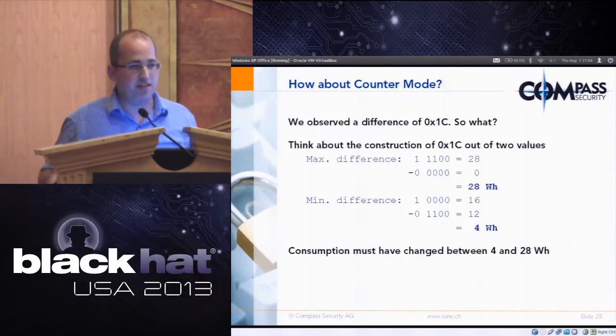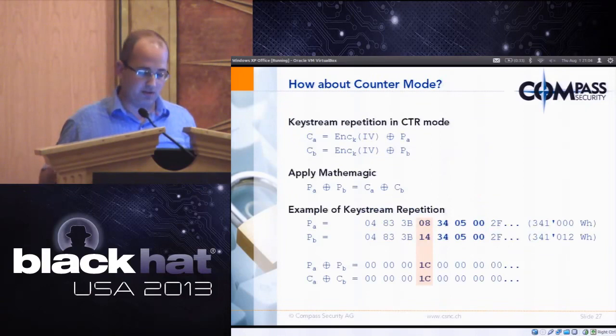What you then do is basically guess possible values. So you guess the possible highest difference and the possible lowest difference. And you then get that the highest difference is 28 and the lowest difference is 4. And because you know how the protocol is sending that consumption value, you know exactly at what position we are looking, and we are looking at the last position of that consumption value.